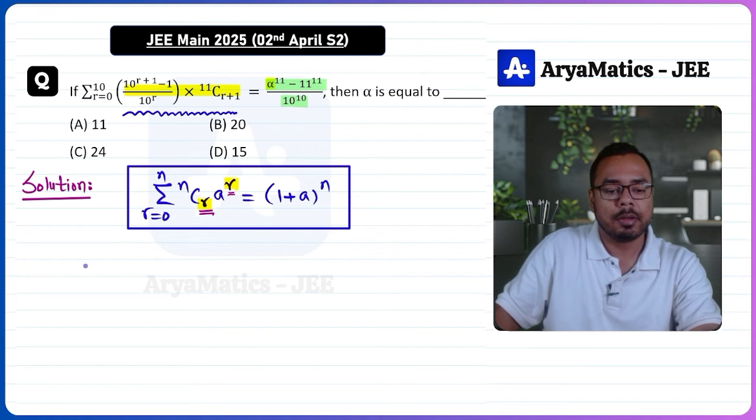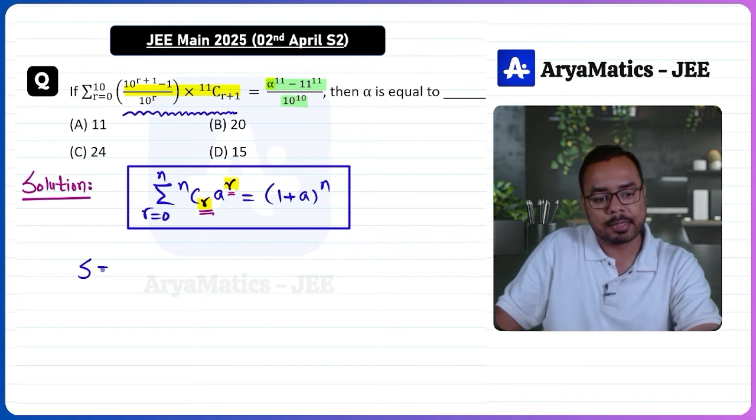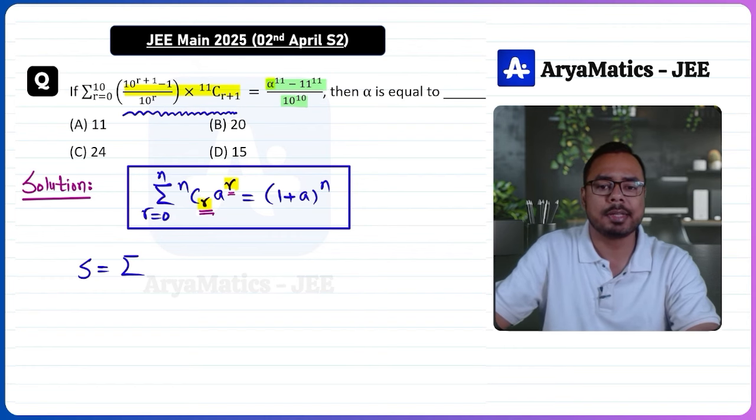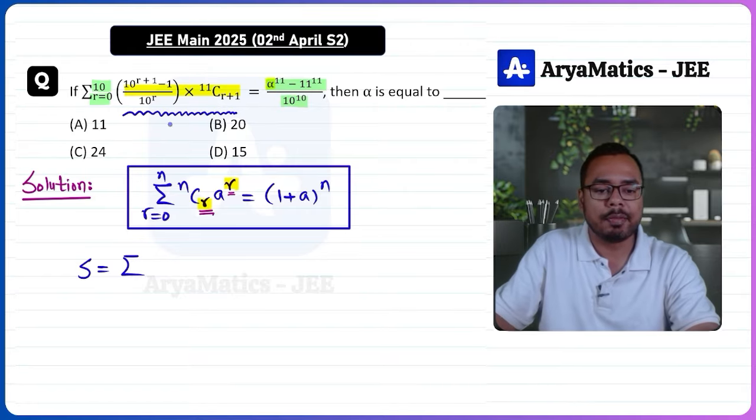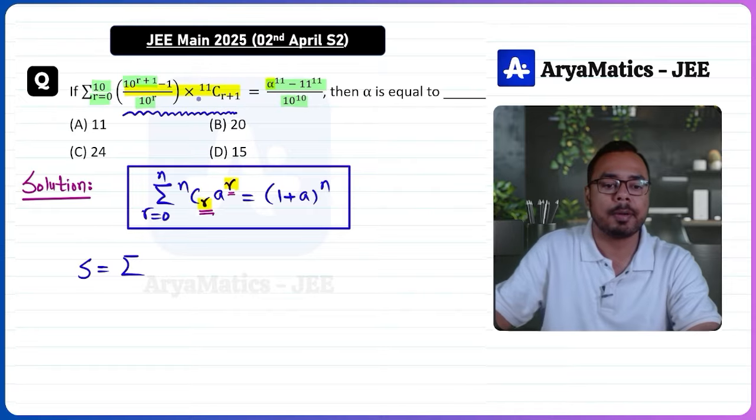So here, let us say that this sum is S. So S you can write as sigma r from 0 to 10. In the last step, we'll talk about this limit. First, let us simplify this function. So here if I separate these two, that means one I'll create as 10 raised to r plus 1 by 10 raised to r, and the other one minus 1 by 10 raised to r.